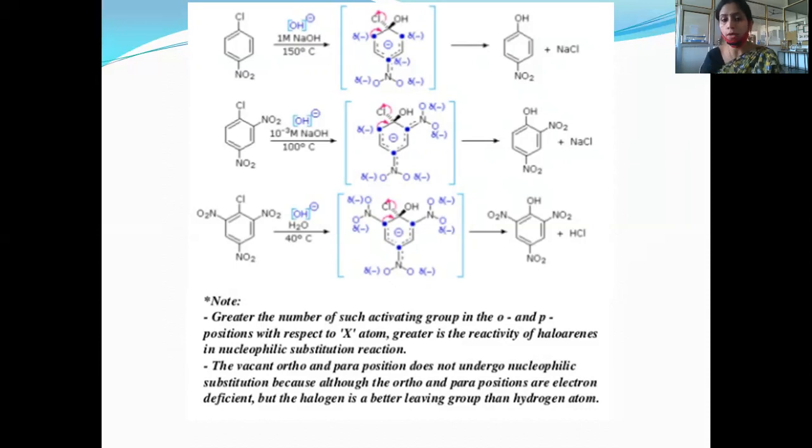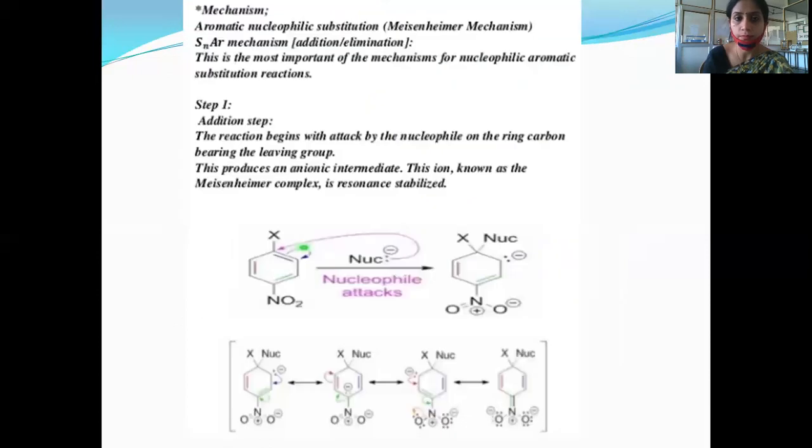The vacant ortho and para positions do not undergo nucleophilic substitution, because although ortho and para positions are electron deficient, halogen is a better leaving group than hydrogen. So here the leaving ability of the halogen group overpowers the nucleophilic attack at the ortho and para positions.